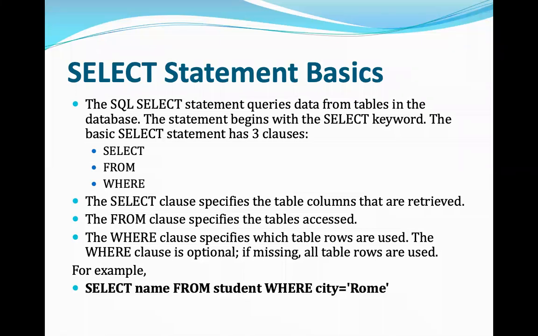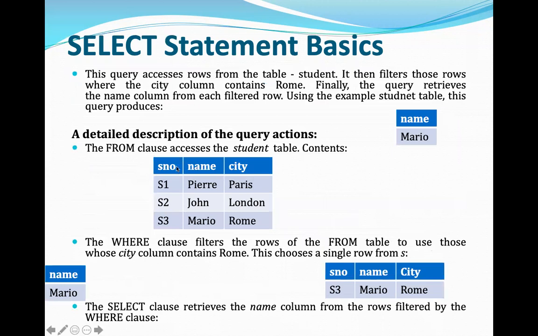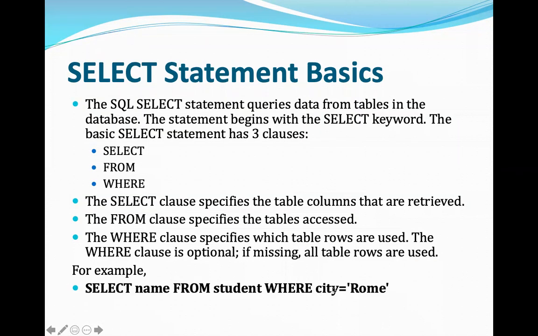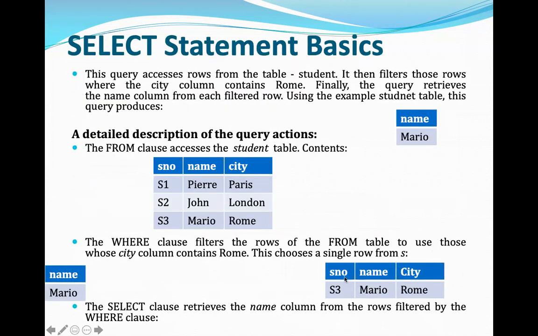After putting the student table, let's say this is the student table, it will apply the where clause, meaning city equal to Rome. So it will search for the city that should be equal to Rome. The last row has been selected. So first the table will be selected, then the row will be selected, and at last the select operation will be executed, meaning your column.